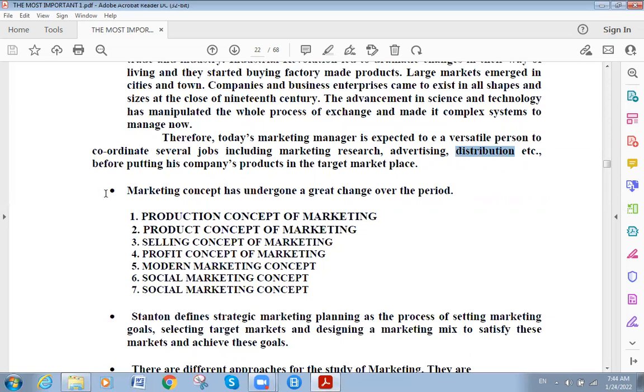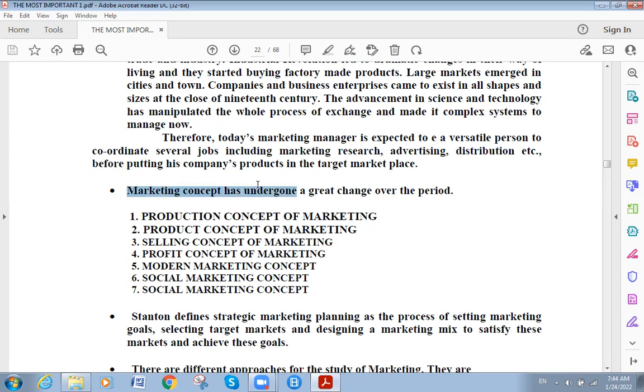So he is not only responsible for just marketing a good. No, he is responsible for everything from A to Z, from the start of production to the handling of the product or service to the final client. So this all goes inside his work.